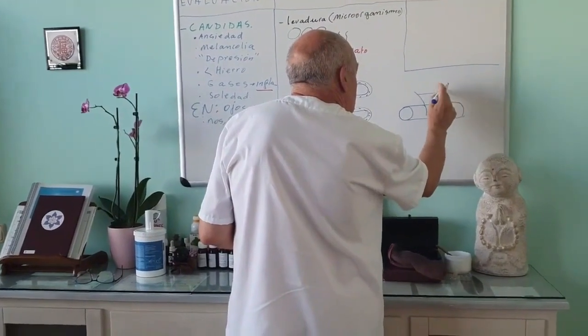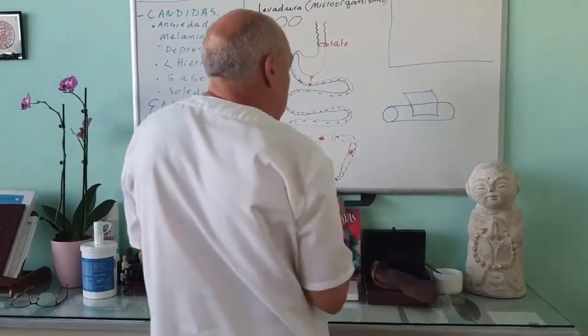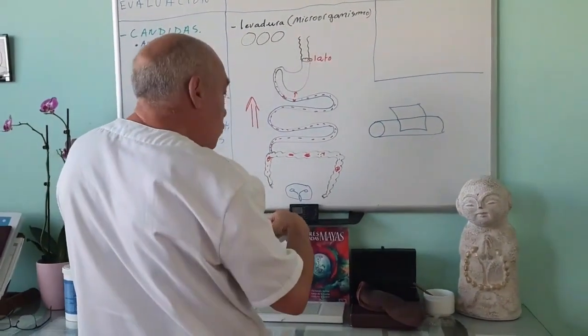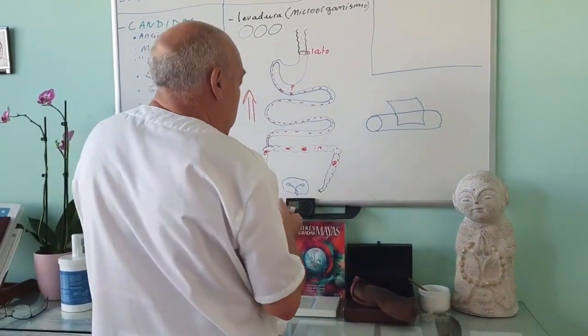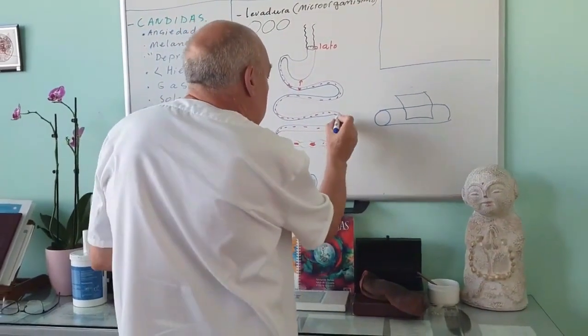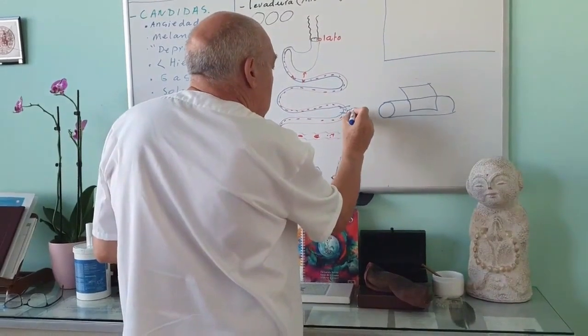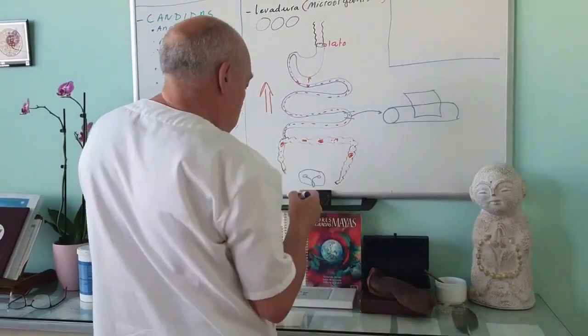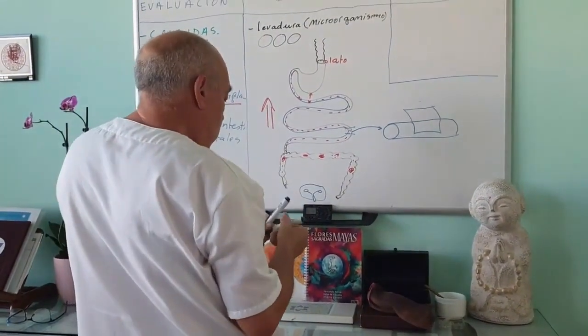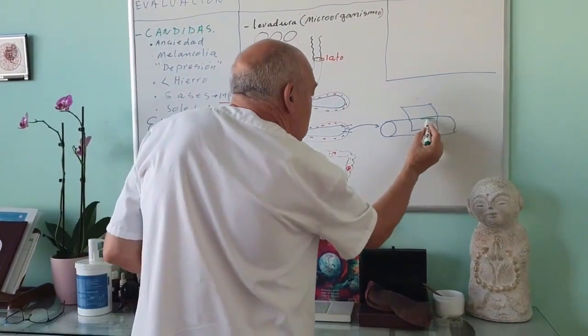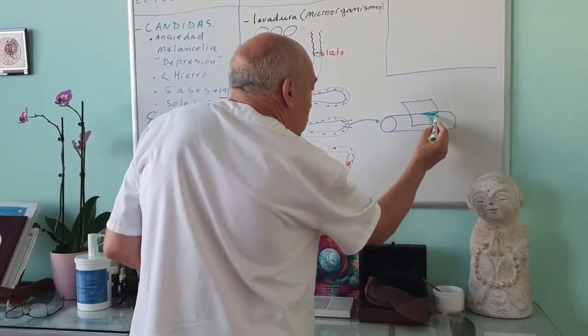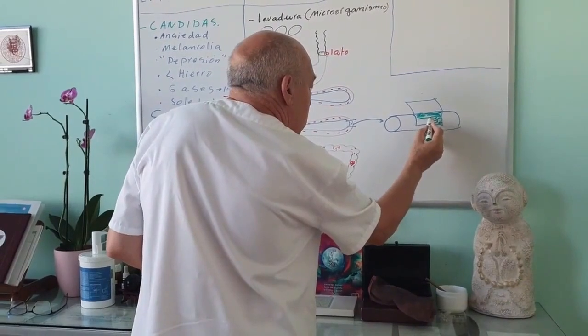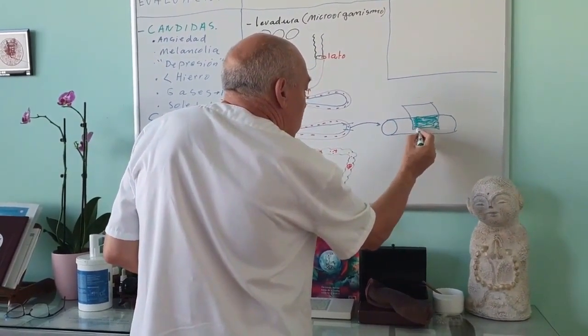Well, let's say this is a piece of intestine that I have taken from here. And the inside of the intestine is lined with intestinal mucosa, which is something like a gelatinous greenish substance.